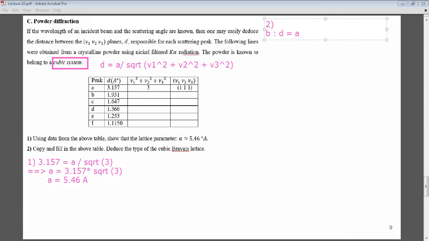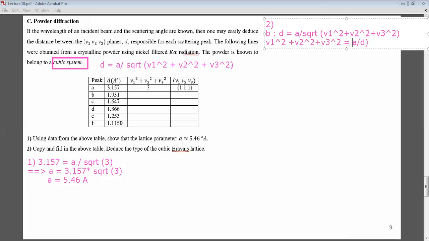So we have D is equal to A divided by the square root of V1 square plus V2 square plus V3 square, and my unknown is this V1 square plus V2 square plus V3 square. So from this formula, I can get that V1 square plus V2 square plus V3 square is equal to A over D, squared, because I've squared both sides in order to get rid of the square root.